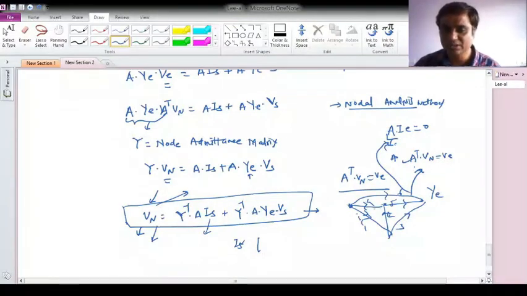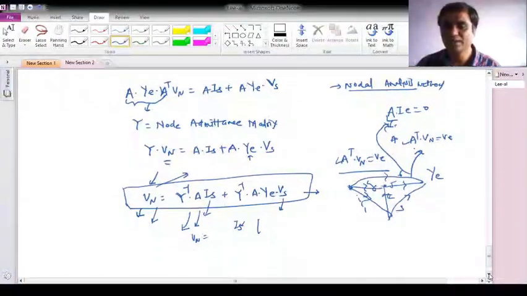Similarly, you see whether a voltage source is present in series or not for the particular branch. If yes, then you include the value of that voltage source in the voltage source vector, and then you solve that. So the solution you get will be the node voltages, and once you know the node voltages, you can use this and find out the element voltages also.